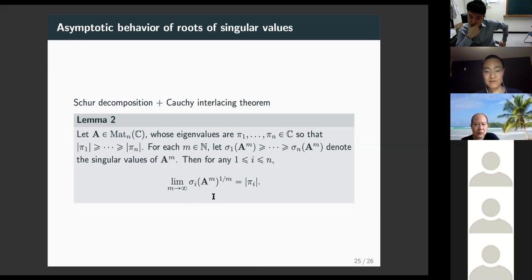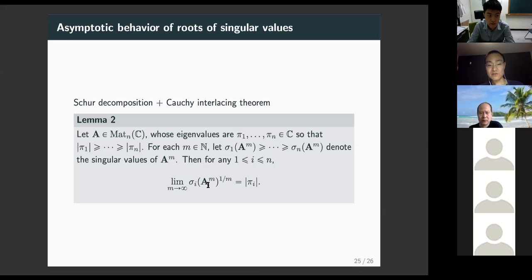And then we have this limit: the limit of the mth root of sigma_i of A to the m is equal to pi_i. Because in general, for a matrix, the singular value is not the same as the eigenvalue. If A is symmetric, then it's okay. But if A is arbitrary, then sigma_i is not equal to pi_i, so we don't know if they are the same. But when we take the mth root, it's the same. So this lemma just gives you some asymptotic behavior of the roots of singular values.